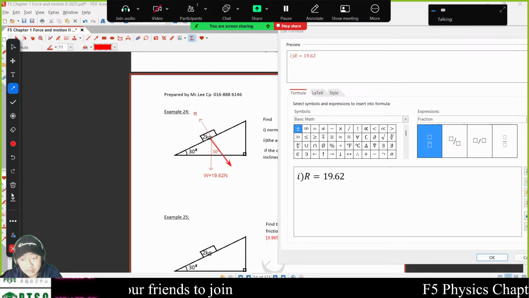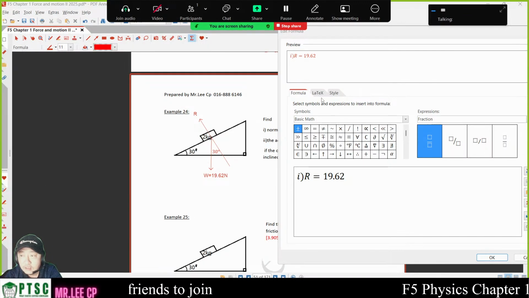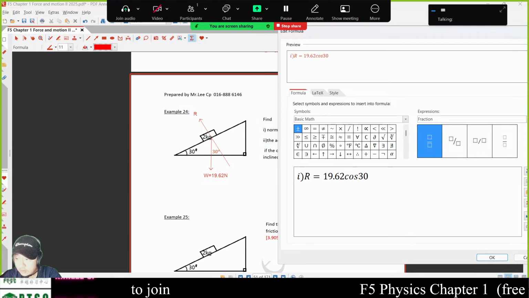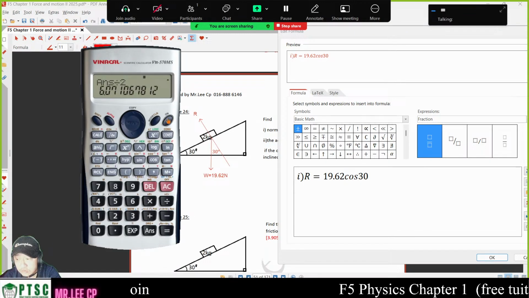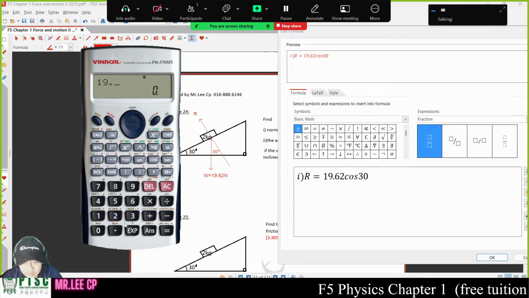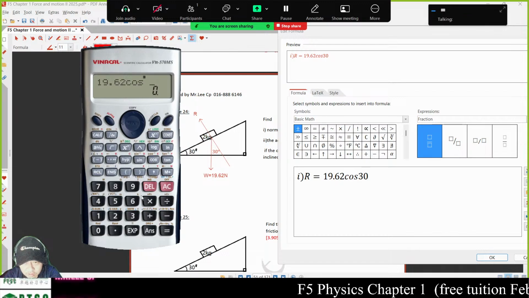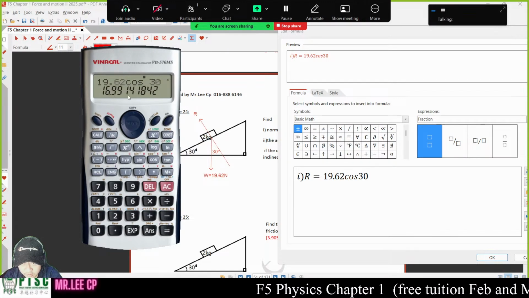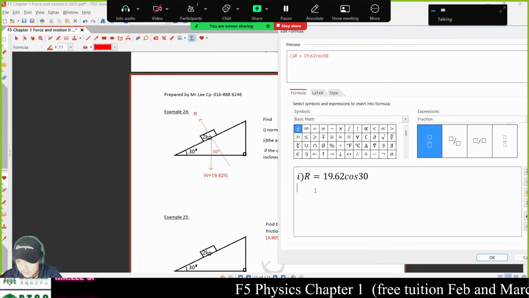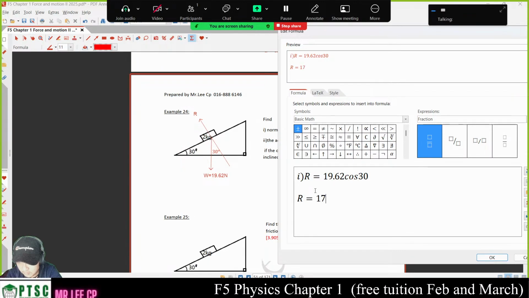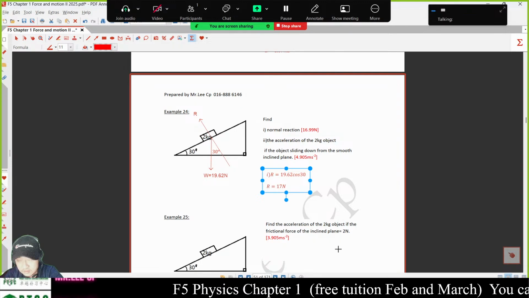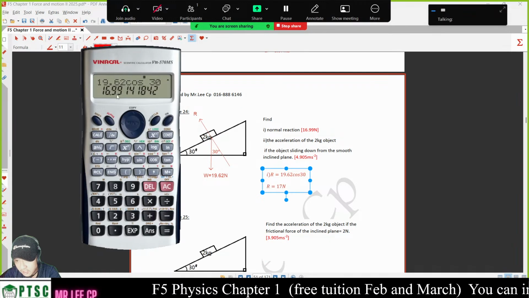Then we use cos. Cos 30. So R is equal to 19.62 cos 30. So I'll get 17. Round off, 16.99, about 17.